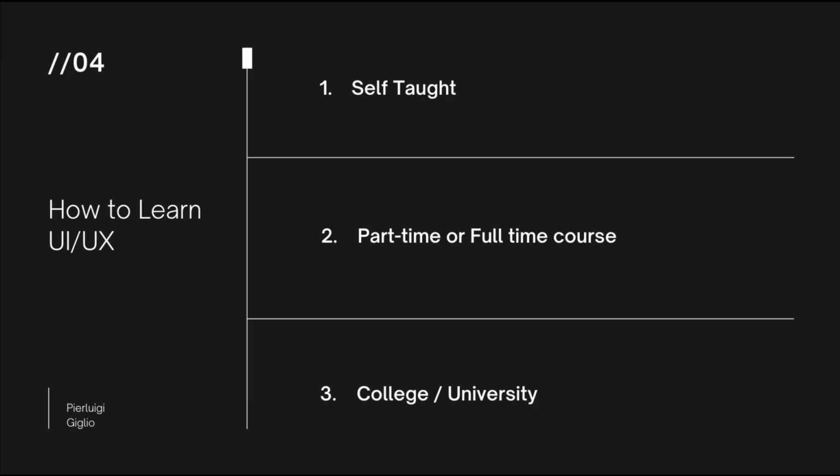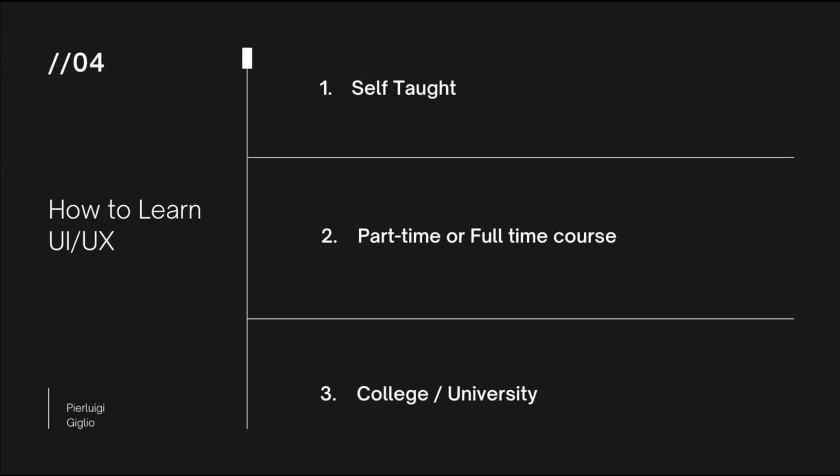Now let's talk about the different routes as to how you can learn UI UX design. The very first one is the self-taught route, and the pros are that you set the pace for your learning.